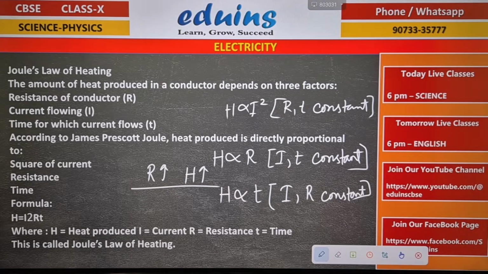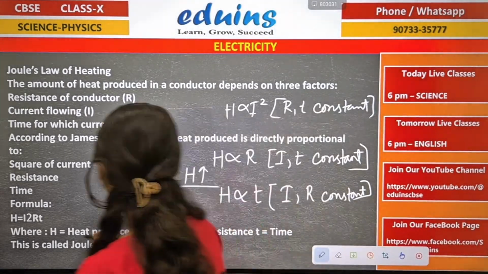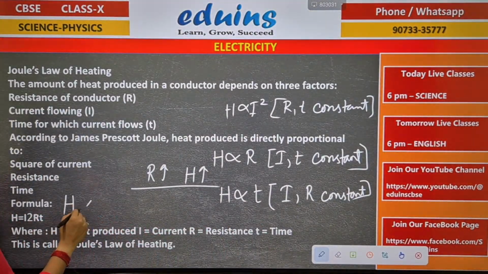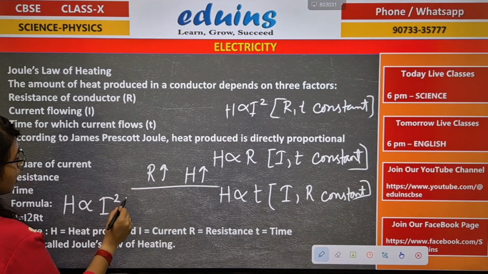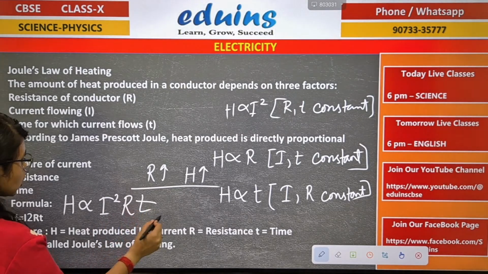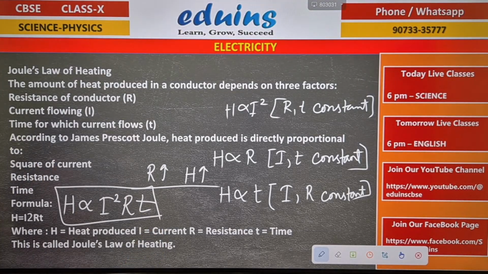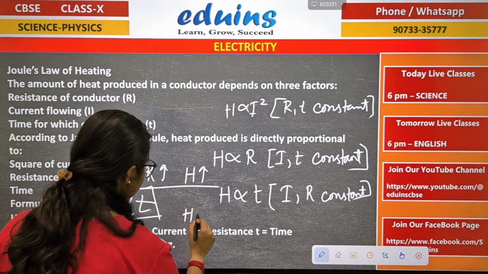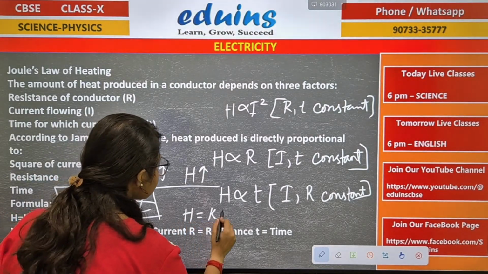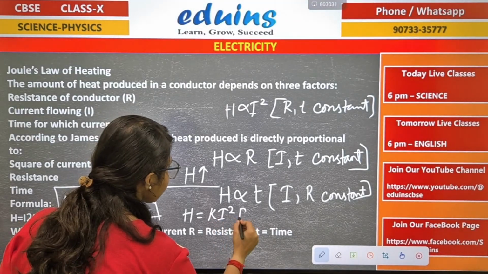So, by combining those three relations, we get H varies as I square RT. This is the relation or dependency of these three factors. This is Joule's law, and we take a constant K to get the value: K I square RT.